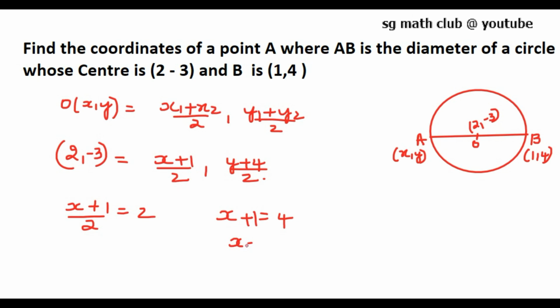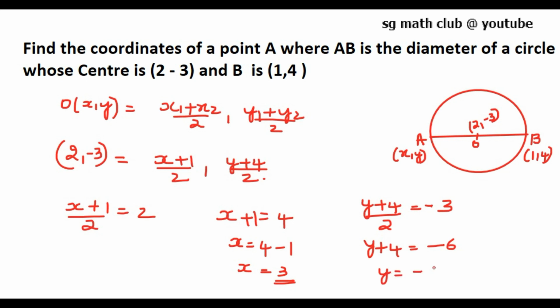So x is equal to 4 minus 1, x is equal to 3. Same way (y plus 4) divided by 2 equals minus 3. y plus 4 equals minus 6. Again y equals minus 6 minus 4 and we have y is minus 10. So the coordinates of A are (3, minus 10).